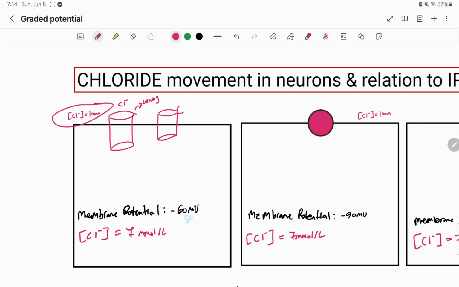In this scenario, the resting membrane potential is negative 60 millivolts, okay? And if it's negative 60 millivolts, then this leaky chloride channel will definitely follow its concentration gradient in, okay? And it'll make the cell a tiny bit negative.